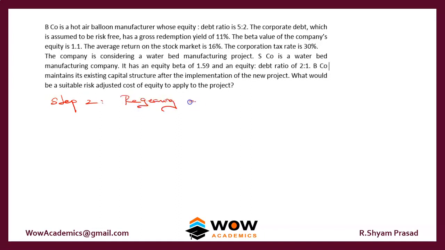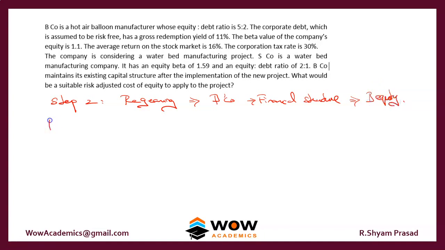In regearing, we take BCO's, B company's financial risk or financial structure, and we add it and get an equity beta. We get the equity beta. So that's what we want.